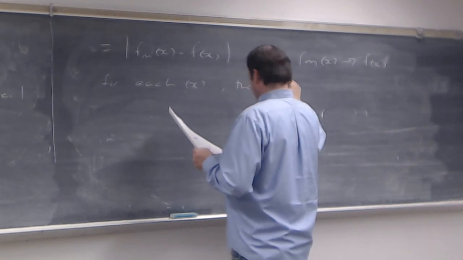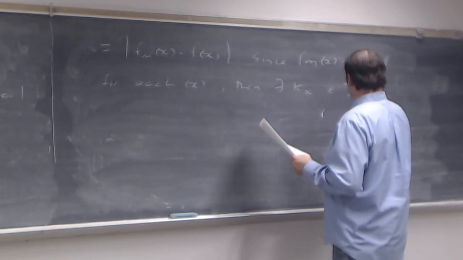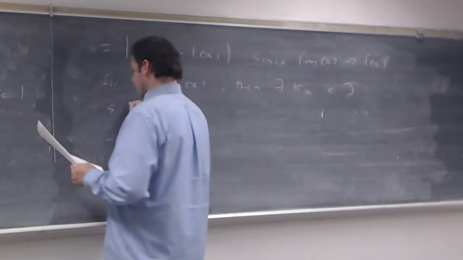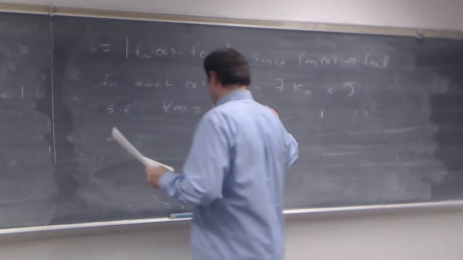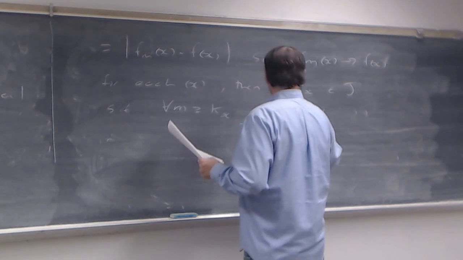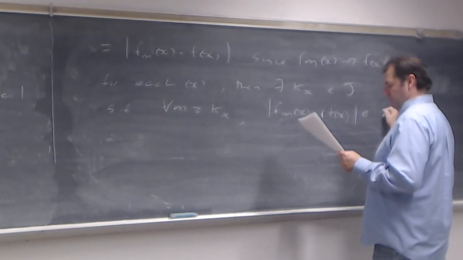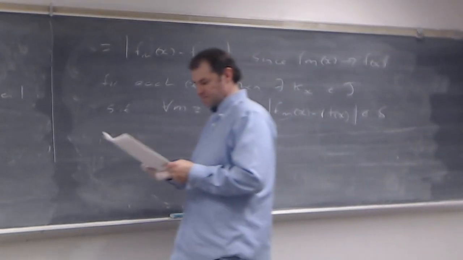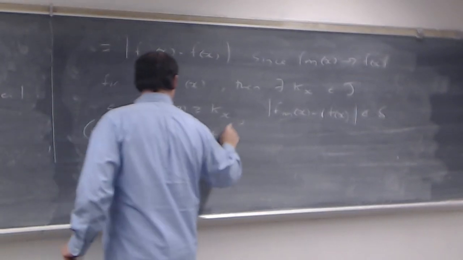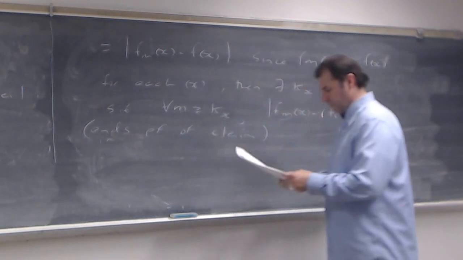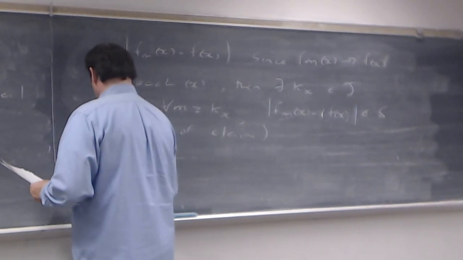Then there exists a K of x that's an element of the set of natural numbers such that for all m bigger than or equal to this K of x, the absolute value of f sub m of x minus f of x will be less than delta. And so that ends the proof of claim. Okay. So now getting back to the main theorem, including its proof.